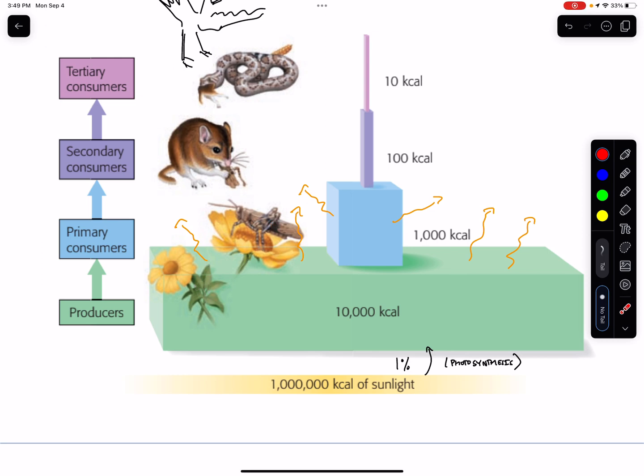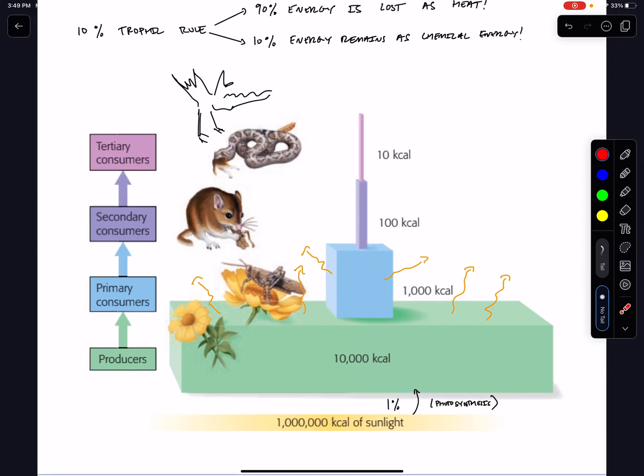So if we took all the producers and we burned them all up, and then we gathered up all of our primary consumers and we burned them all up, we would find that only 10% of the energy that is the size of the producer box is stored within the primary consumer box. And then the same is true of the next level up. Our secondary consumers are also moving around, emitting heat energy.